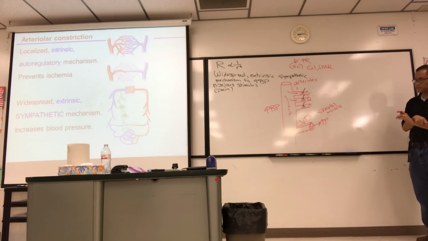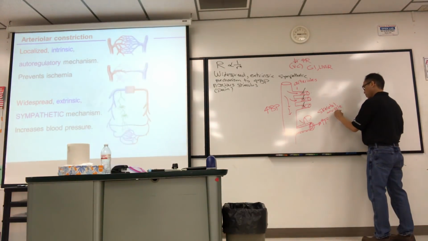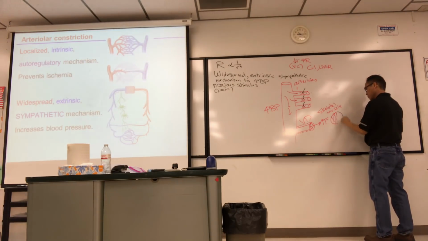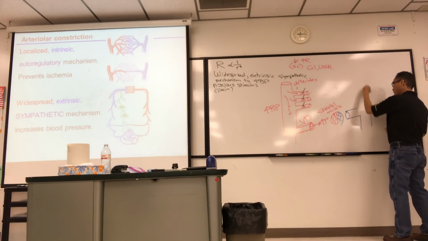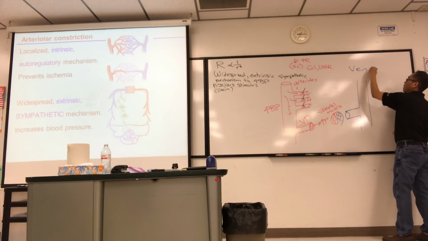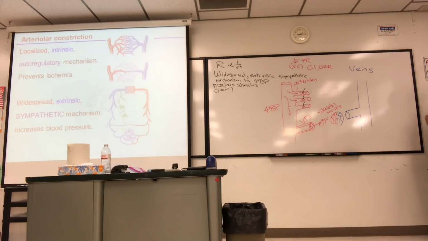What about the veins? So pretend you have a big capillary bed here. Then you have your big veins that are a collection and return system. The sympathetics affect them too.